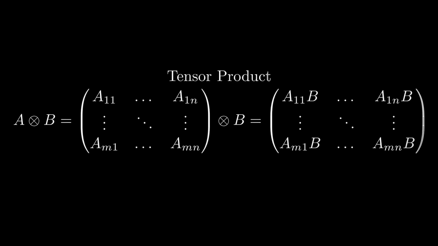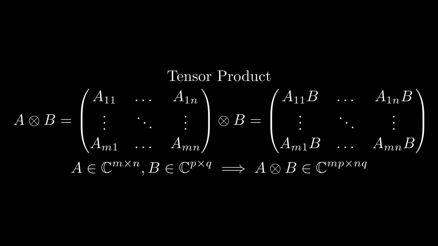The tensor product, denoted using this ⊗ operation, combines two matrices as follows. Suppose we have a matrix A, defined as follows, and a matrix B. We then have that A tensor B is given by this block matrix, where each block consists of B scaled by an element of the A matrix. Consequently, if A is an m by n matrix and B is a p by q matrix, the resulting output is of size mp by nq.